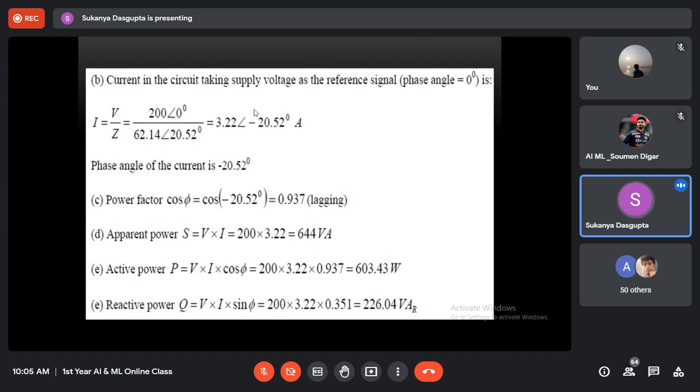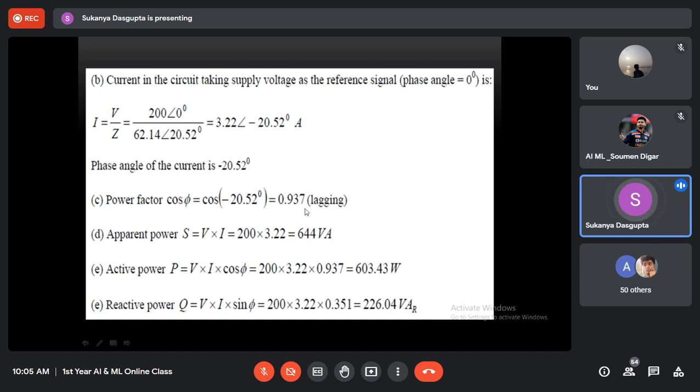It signifies that the source current is lagging the source voltage by this angle. So if you draw the phasor diagram, you will see that current is lagging, so we get a lagging power factor from this circuit. That means your load is more inductive. So phi is here minus 20.52.